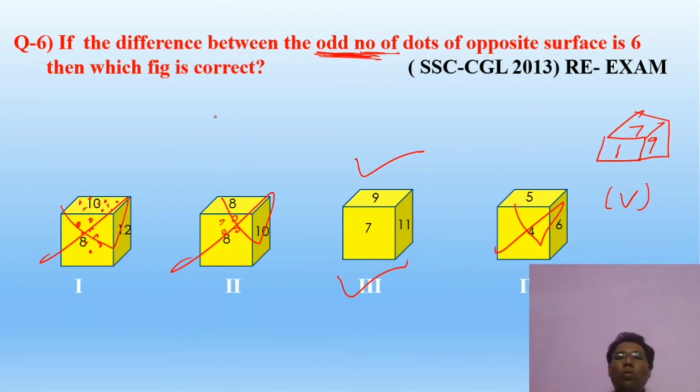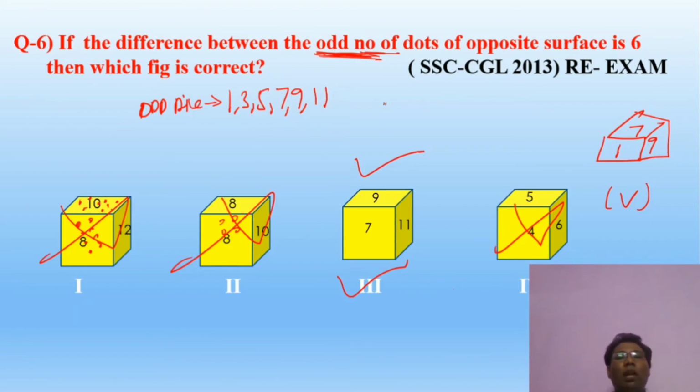So you are asking what is the real concept behind this. If odd dice is asked, the numbers we have to assume are 1, 3, 5, 7, 9, 11.